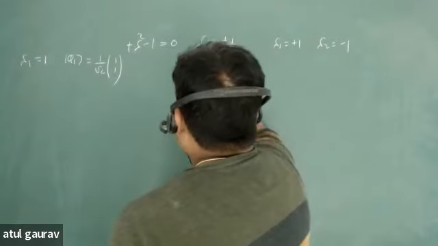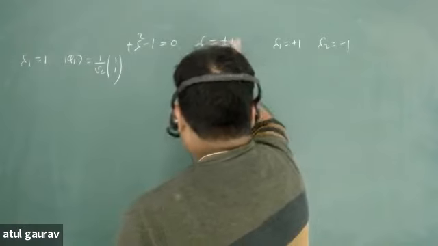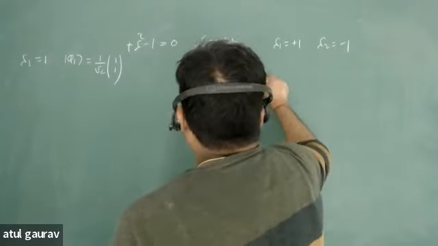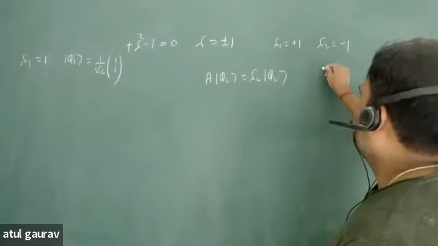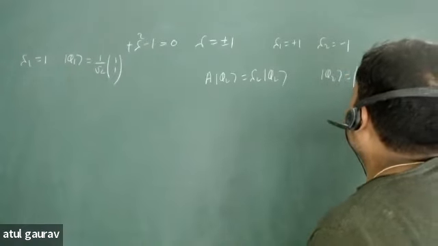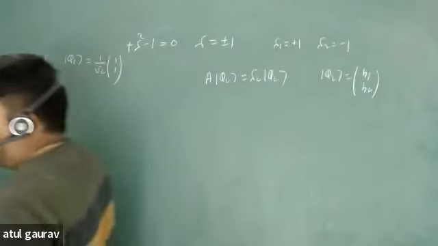So you have lambda 2, A phi 2 is equal to lambda 2 phi 2. And what is your value of phi 2? I can assume your phi 2 is equal to, let's say, B1, B2.